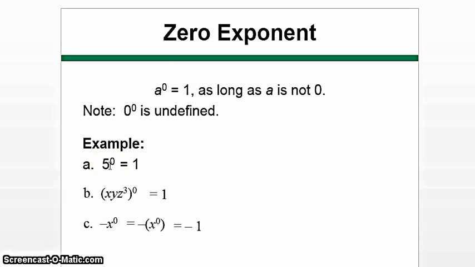Example, 5 to the 0 equals 1. (xyz cubed) whole to the 0 equals 1. Negative x to the 0 equals negative times x to the 0. x to the 0 is 1. So negative times 1 is negative 1.